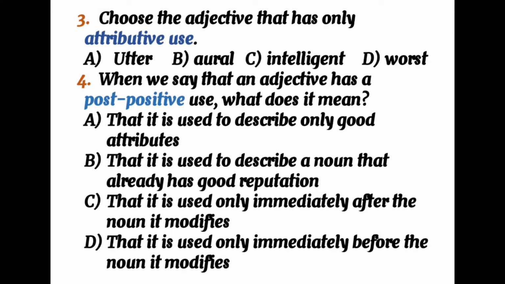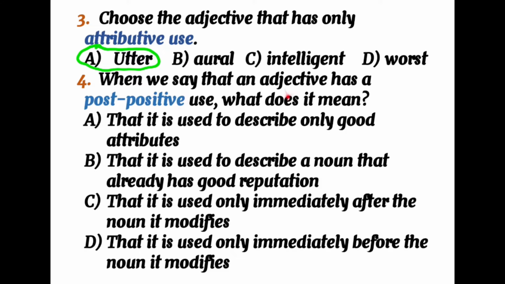There is no problem. Intelligent is not selective in this regard. Worst: the problems have become the worst. There is no problem. So there is only one adjective that is quite selective, and it is used only attributively. It has no predicative use. Move on to the next question.